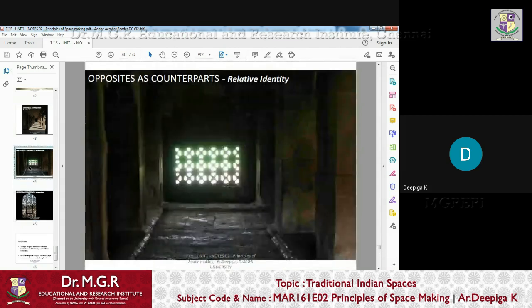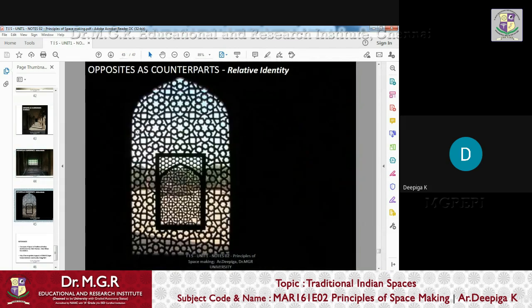Rather than this, no, this is a better example. This is a Jali work, I believe. I forgot where this example is from. But here they are behaving like, what to say, one giving an identity to another, or one complementing the other, just like how we talk about complementary color schemes, in that way.